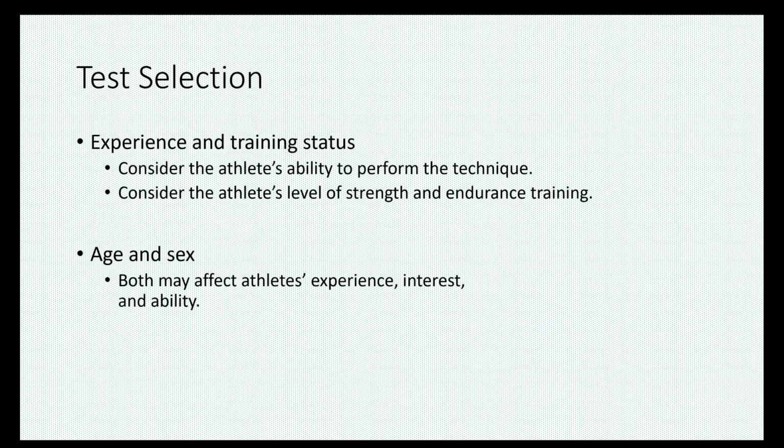Okay, so we're continuing on to the other test selection variables that we'll be talking about. We need to take into consideration experience and training status of the individual or the individuals that you are testing. So you are going to consider the athlete's ability to perform that specific technique, and you're going to consider the athlete's level of strength and conditioning, and strength and endurance and conditioning training.